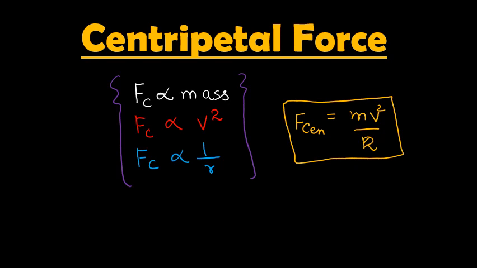Similarly, in case of a car moving in a circular path on a road, the static force is basically responsible for the car to move in a circular path. The formula for centripetal force is Fc is equal to mv square divided by r.